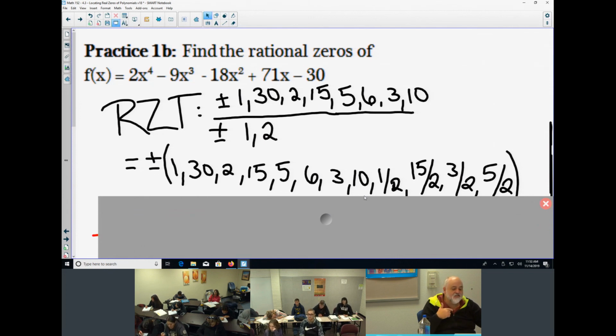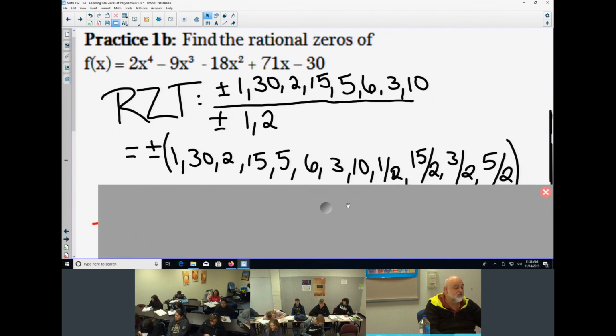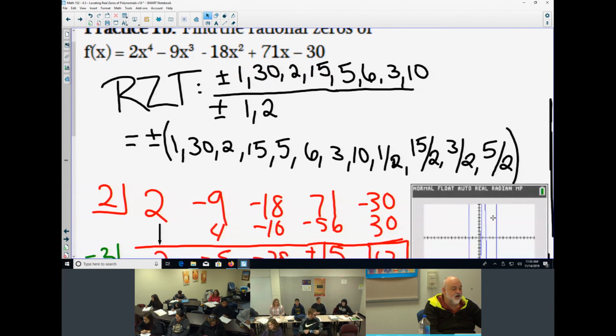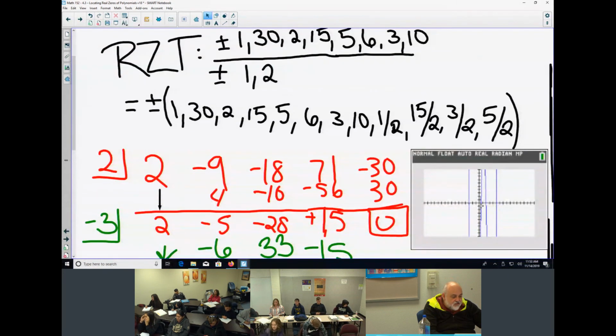So to actually find them now, you can either use synthetic division or the calculator. Now, I actually like using the calculator to kind of know where to start. So here, this looks like right at 2, it's going to cross right there. And 2 is on my list. So I put 2 in for the synthetic division.